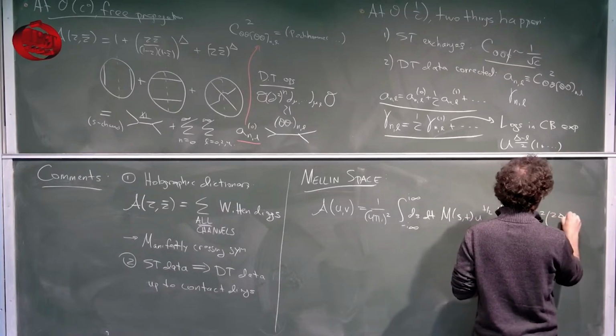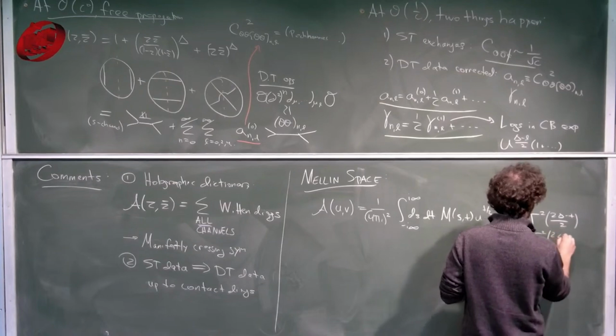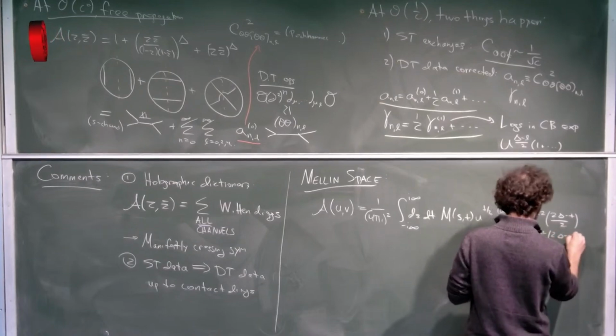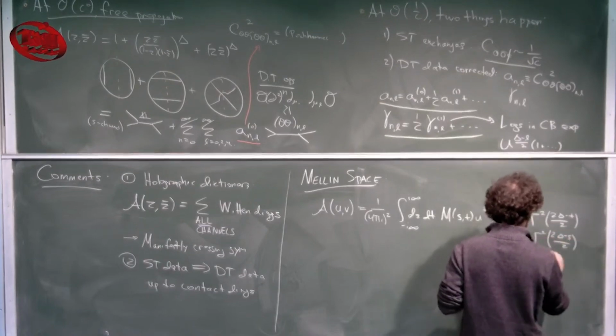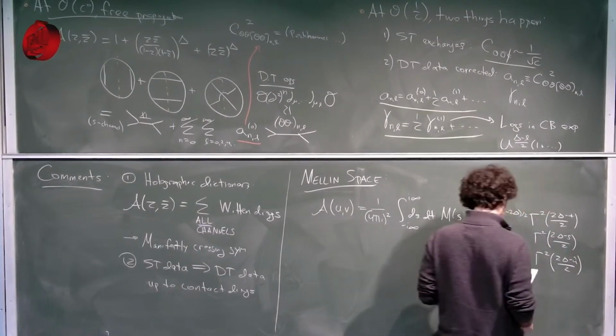So here I'm writing the amplitude for a correlator of four identical operators of dimension delta.